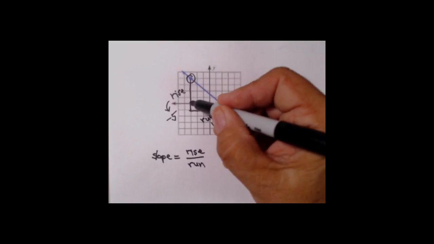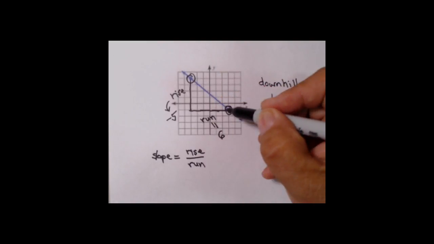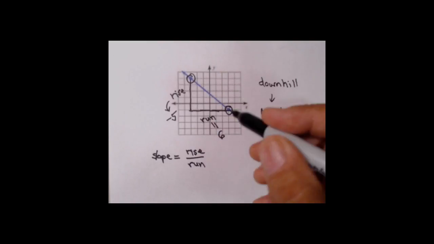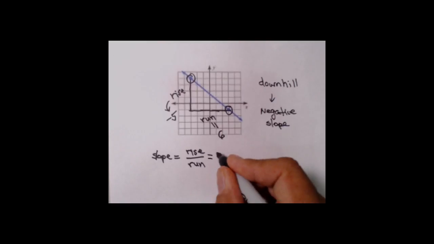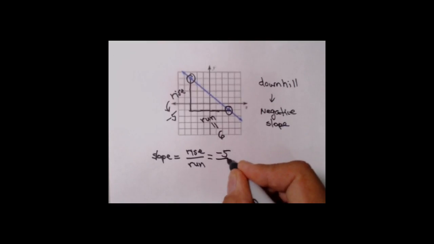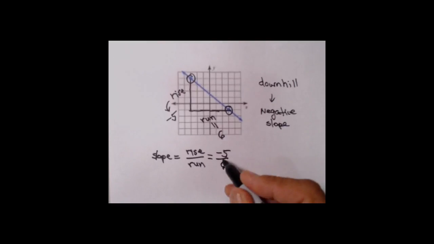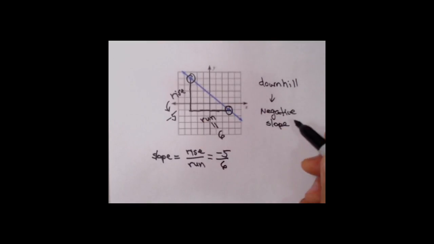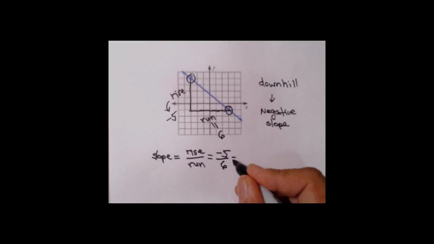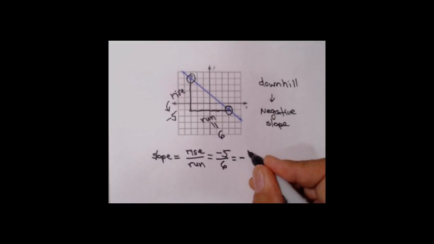The rise was 5, the run was 6, but the rise was going downhill, so the rise is -5, the run is 6. Our slope is negative, like we said it should be, and about the only thing to do here, the best place for the single minus sign in the final answer, just put it out in front. So we'd say the slope equals -5/6.